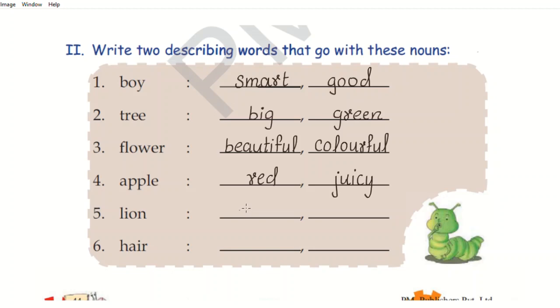Let's write 2 describing words for lion. It is big and how does the lion roar? Yes, the word roar can be a describing word for lion.